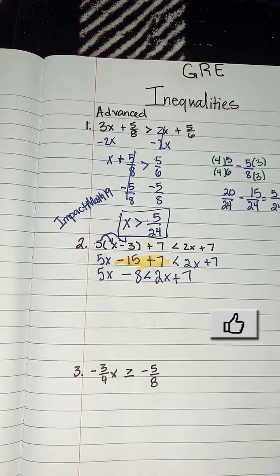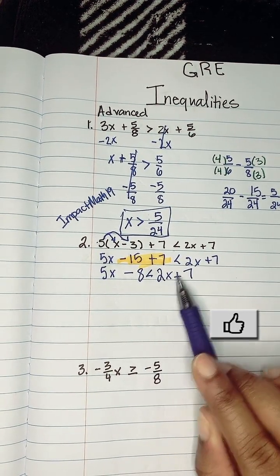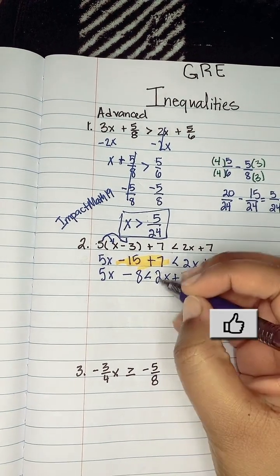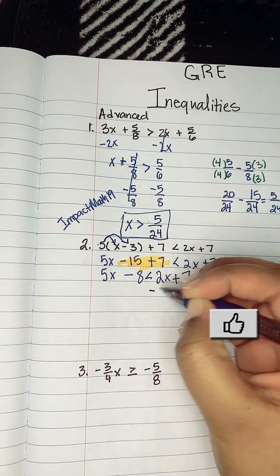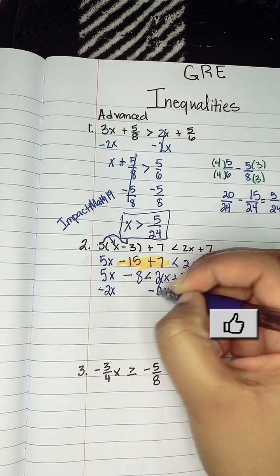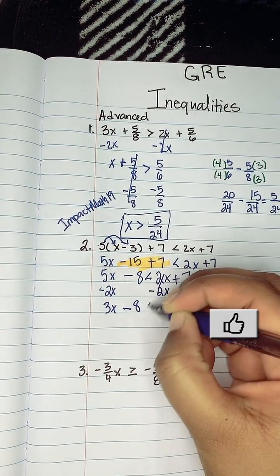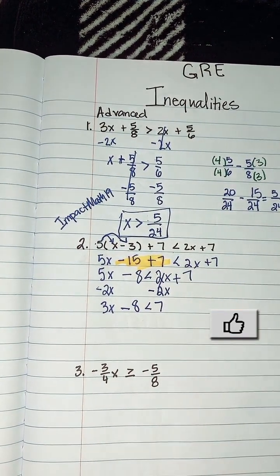Again, we want our X's on the left side. So this 2X is a problem because it's not on the left side. So we're going to do the opposite of positive. We're going to subtract 2X from both sides, and we're going to get 3X. We're going to drop down our minus 8 less than 7.